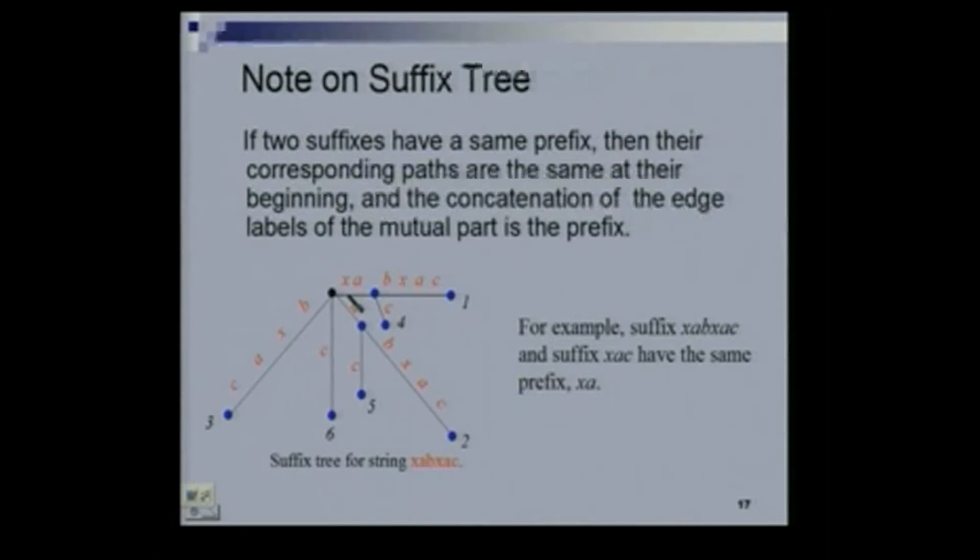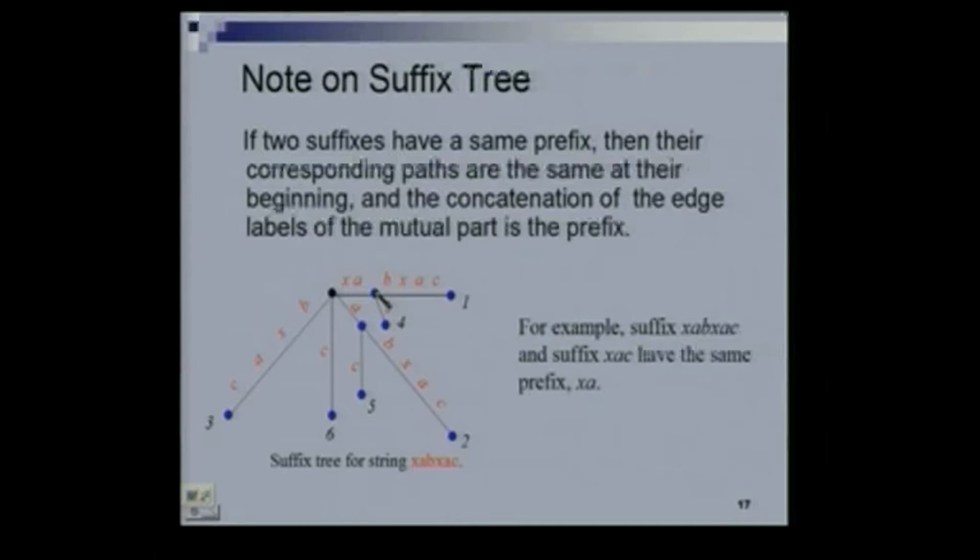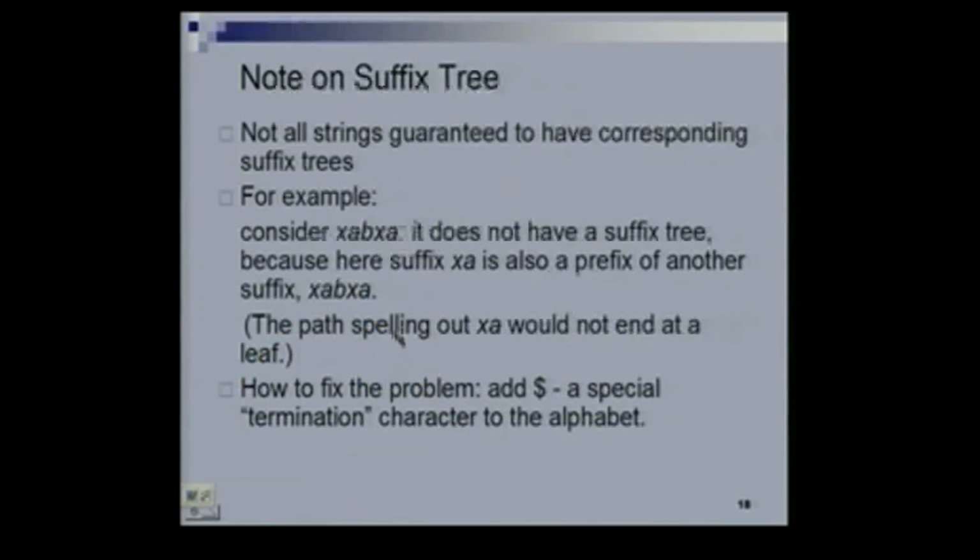This is going to be crucial in a short while, right? Because now if I was searching for XA, I would end up here. Now what? Both of them, right? So I have to actually report all occurrences, and this will help me do that. So what do I have to do to report all occurrences? Basically I have to look at its children, look at the leaves in that subtree, and that will give me the positions. Okay, we will come to all of that.